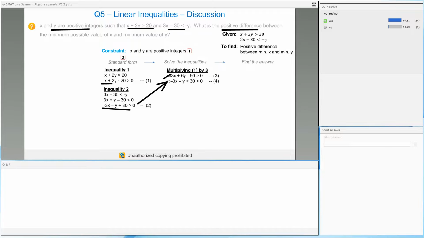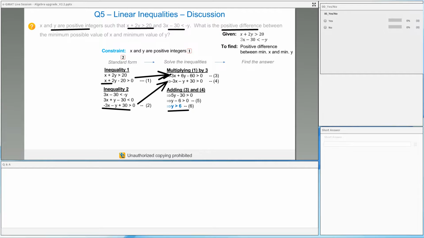So this inequality I'm getting by multiplying by 3, and this is what I got from here. Now I can simply add them, because of which plus 3x and minus 3x will cancel out, and I will get 5y minus 30 is greater than 0. Divided by 5, I finally get y is greater than 6.